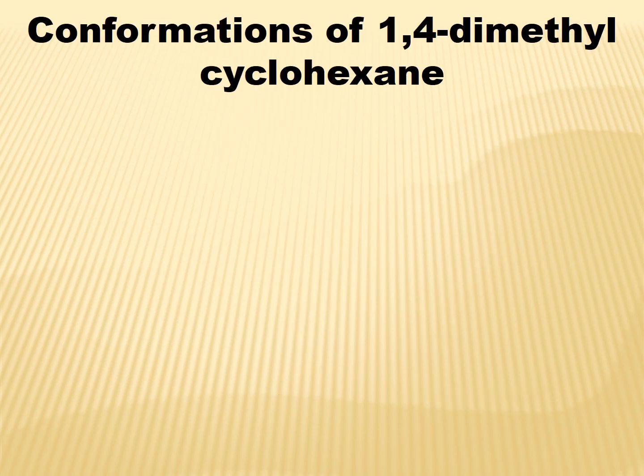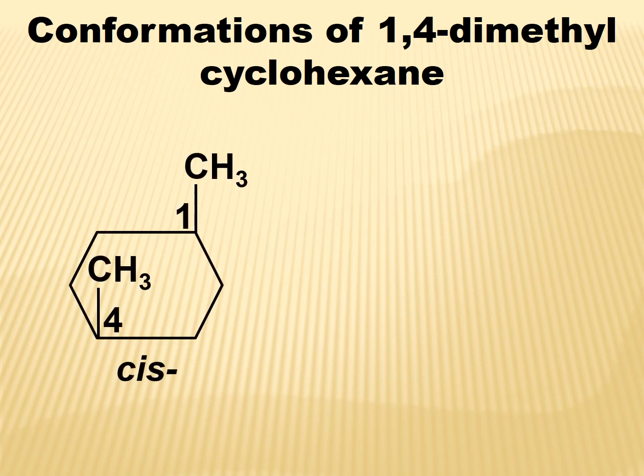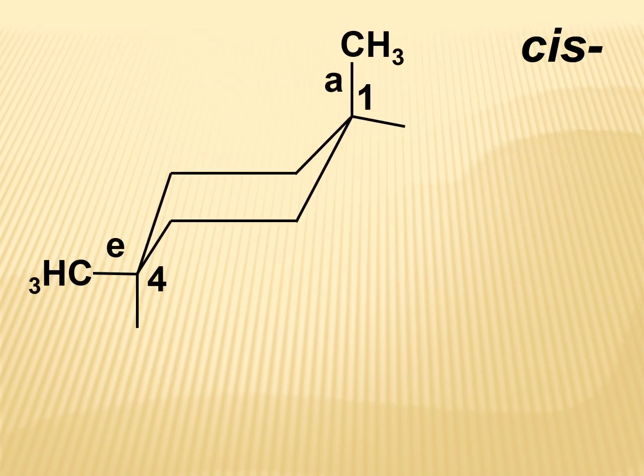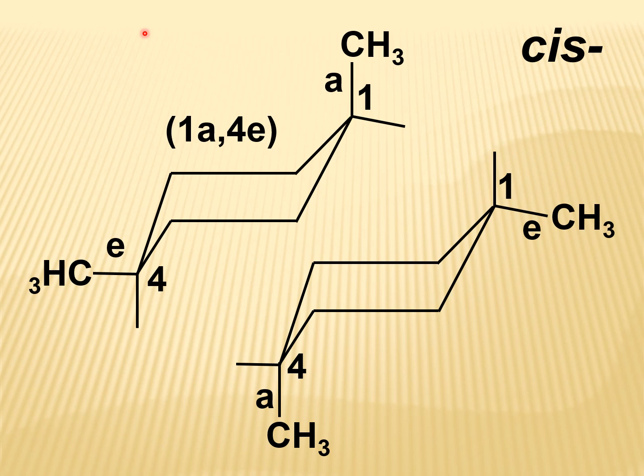The last category, conformations of 1,4-dimethyl cyclohexane. Again, this is cis 1,4 and this is trans 1,4-dimethyl cyclohexane. We have to see them separately. Cis has 2 conformations, trans has 2 conformations. Now coming to the cis, this is one conformation, called 1A4E, and this is the other conformation, called 1E4A.